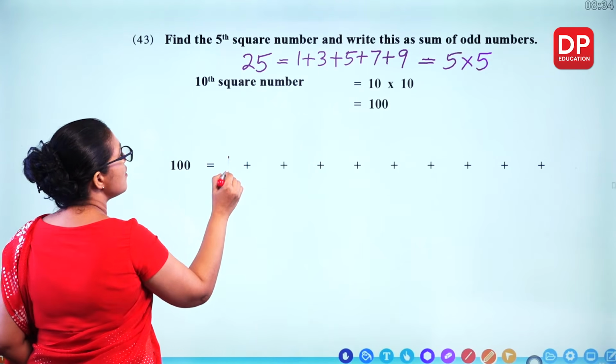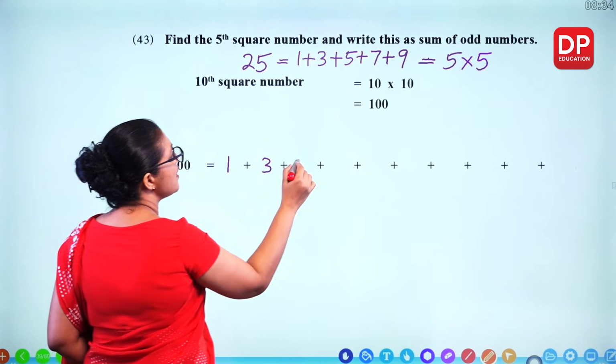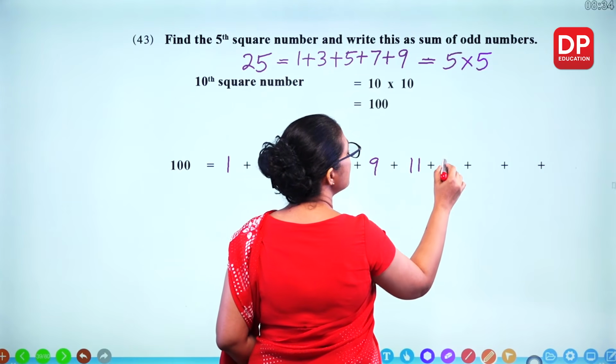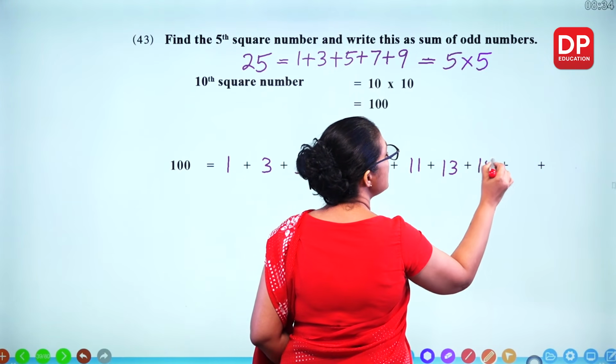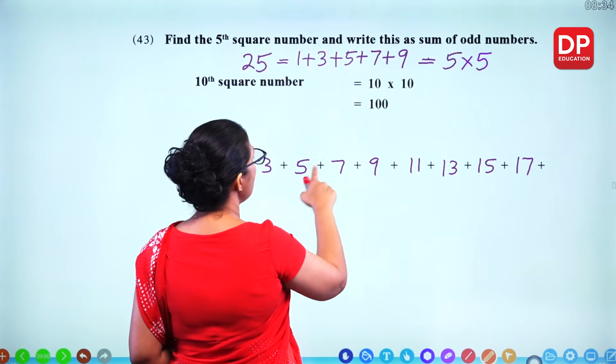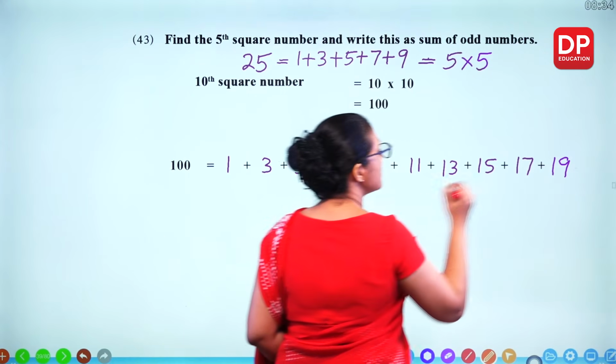You need to add 10 odd numbers. 1, 3, 5, 7, 9, 11, 13, 15, 17, 19. 1, 2, 3, 4, 5, 6, 7, 8, 9, 10.